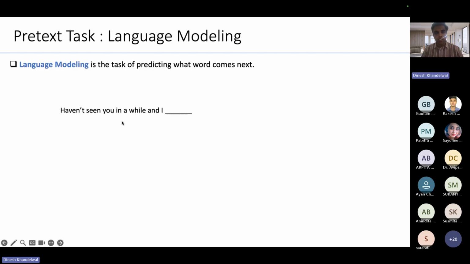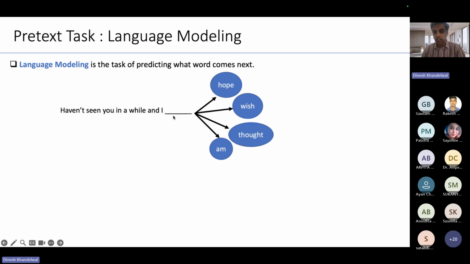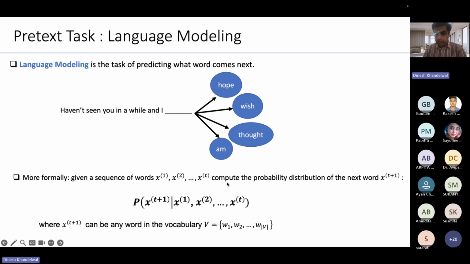So let's say you collect a corpus from Wikipedia and it has a sentence, "Haven't seen you in a while, and I hope...", and let's say "hope" was the word here. We mask it and we feed this to our neural network and ask what should be the word in this position. We know the word should be hope, but there are multiple possibilities. The LLM is going to predict a probability at this position for all the words in the vocabulary.